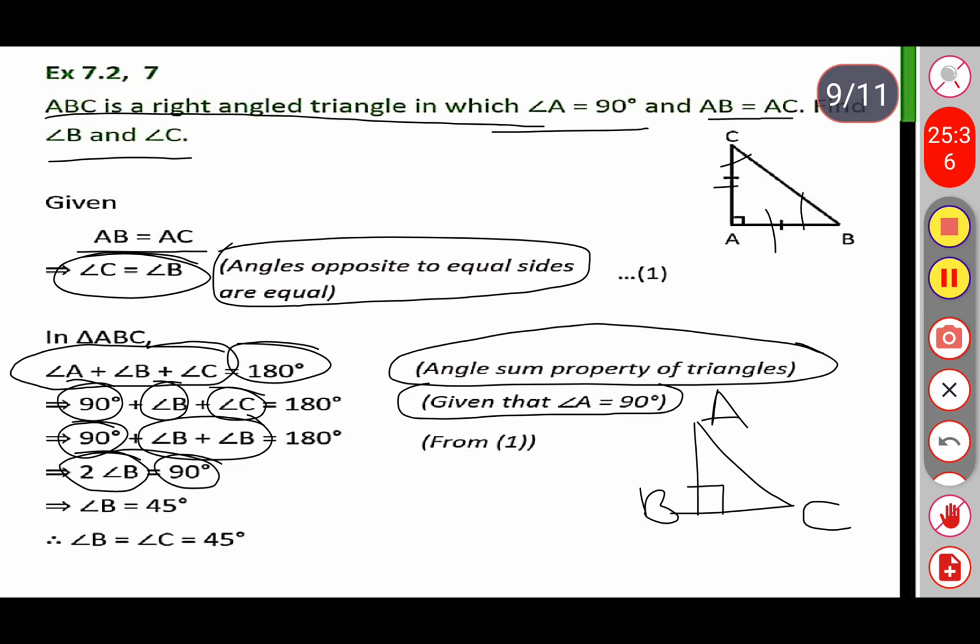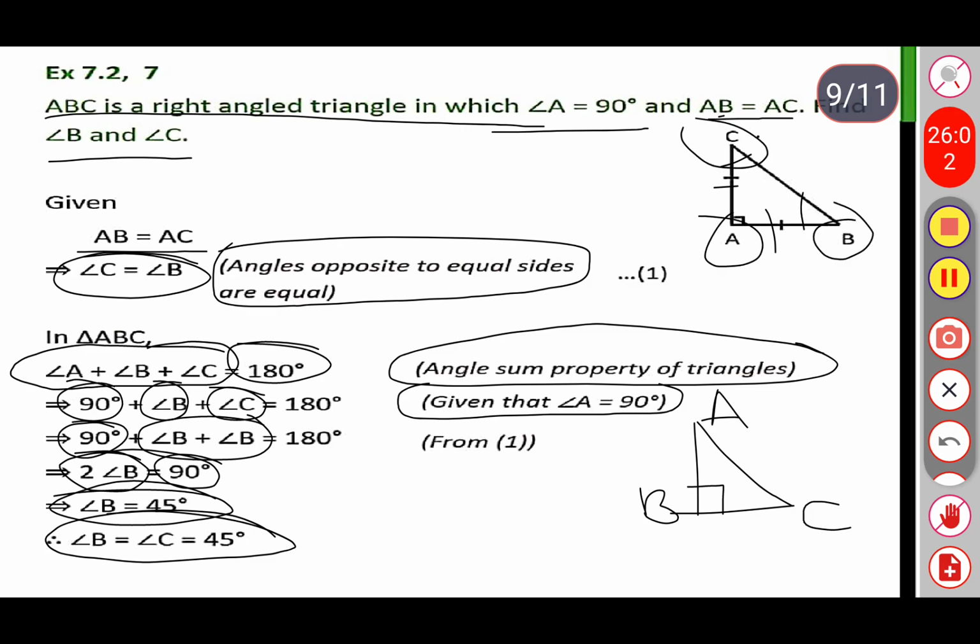Once we divide this 90 degrees by 2, we get angle B is equal to 45. If angle B is equal to 45, then angle C is also 45, because triangle ABC is an isosceles right angle triangle. In that, angle A is already 90 degrees and the sum of these two angles is 90 degrees. Angle B and angle C are equal measures, that is 45 degrees. So this is the proof of the seventh question.